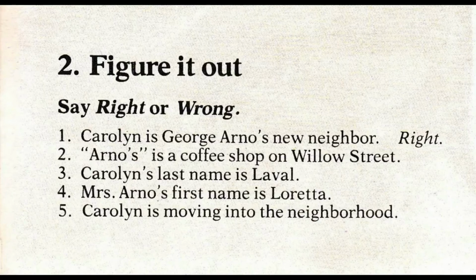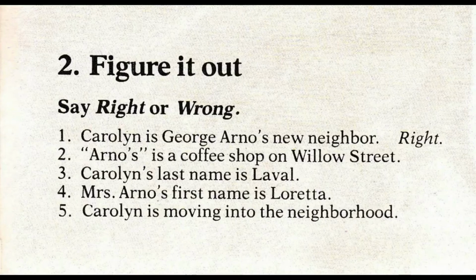Number 3, Carolyn's last name is Lovell. Is it correct or not? Any idea? So it is wrong because her last name is Duval. George makes a mistake and says Lovell, but Carolyn corrects him and says, "No, it's Duval." So number 3 is wrong.